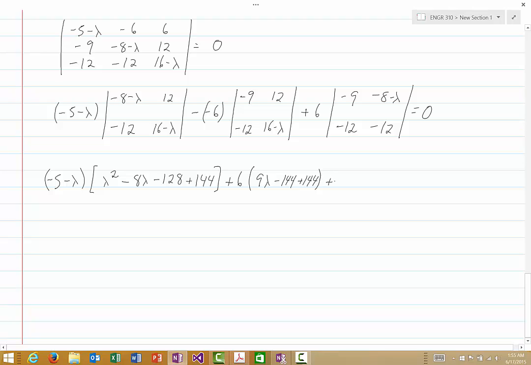And then finally, plus 6 times 9 times 12 is 108, minus, okay, I guess I'll do this in the following way. So we have 108 minus the product of negative 12 and minus 8 minus lambda.